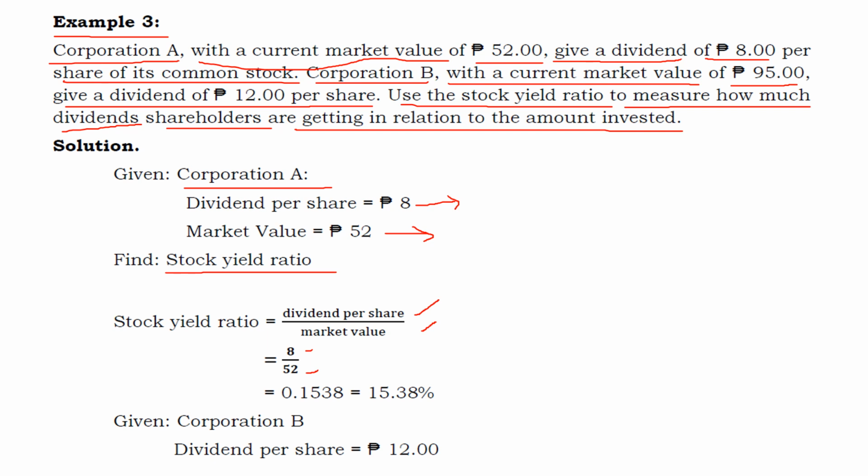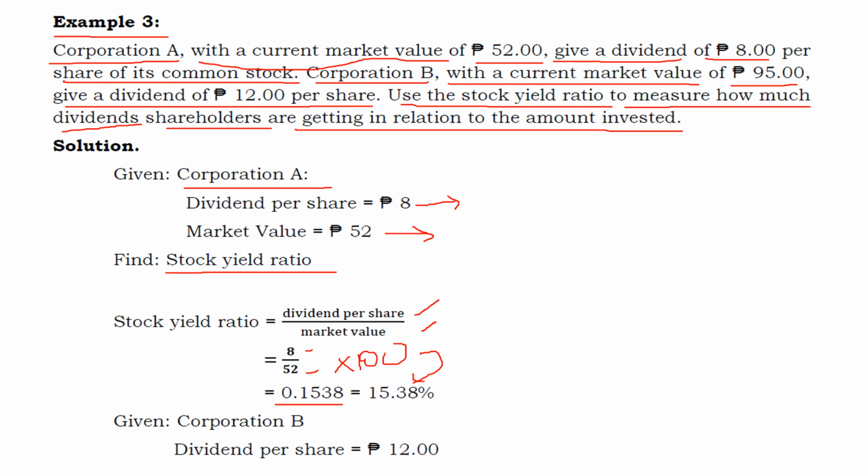Upon simplifying, it becomes 0.1538, and if we multiply this by 100, it becomes 15.38%, and that will be the stock yield ratio for Corporation A.